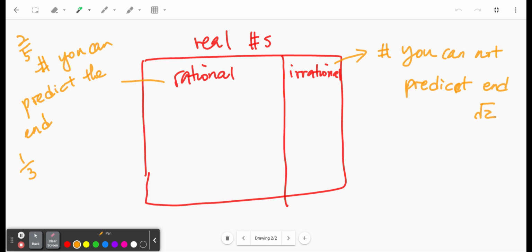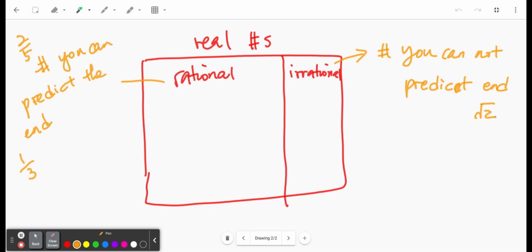Right? So is there any pattern in the decimals? No. That means that number is kind of like pi. The number will keep going on and on, but you cannot predict the end. So root 2 is what kind of number? Irrational number. Very good. Root 2 is an irrational number.